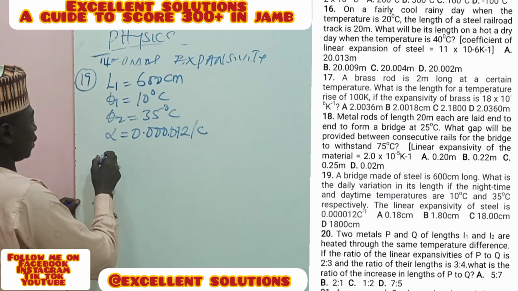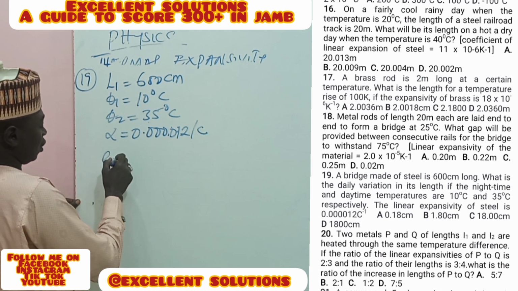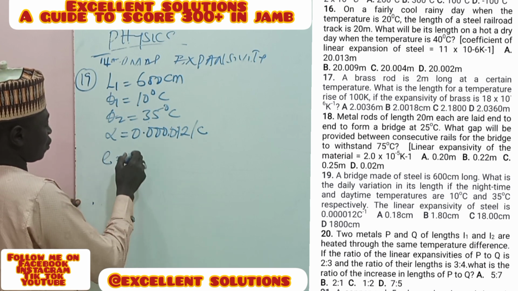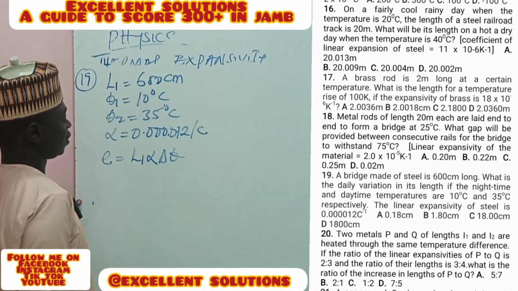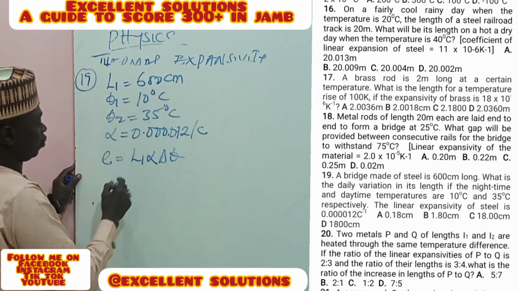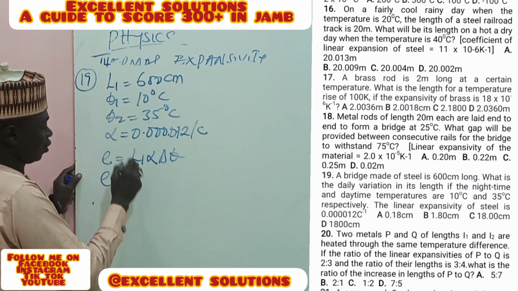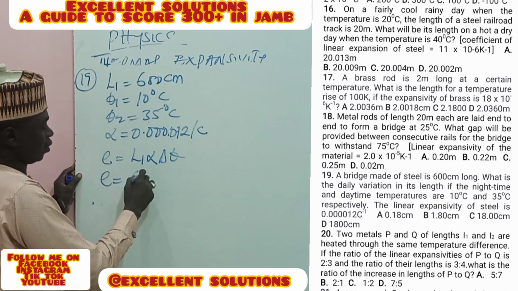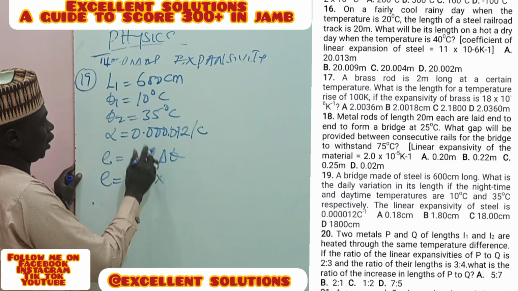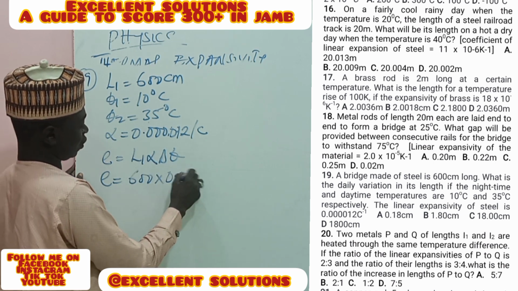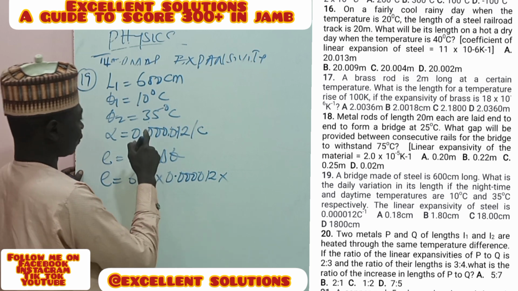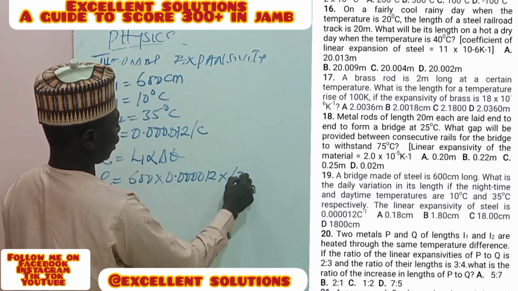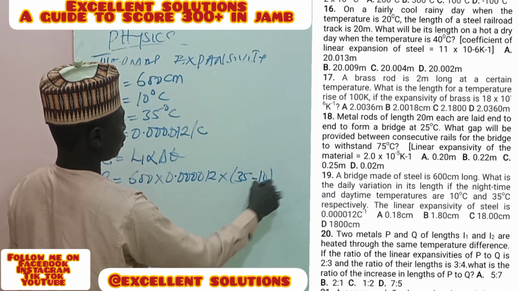So we call that extension E. Extension is equal to L1 alpha delta theta. So we now substitute our values. E equals L1, 600, times alpha, which is 0.00012, times our delta theta, 35 minus 10.